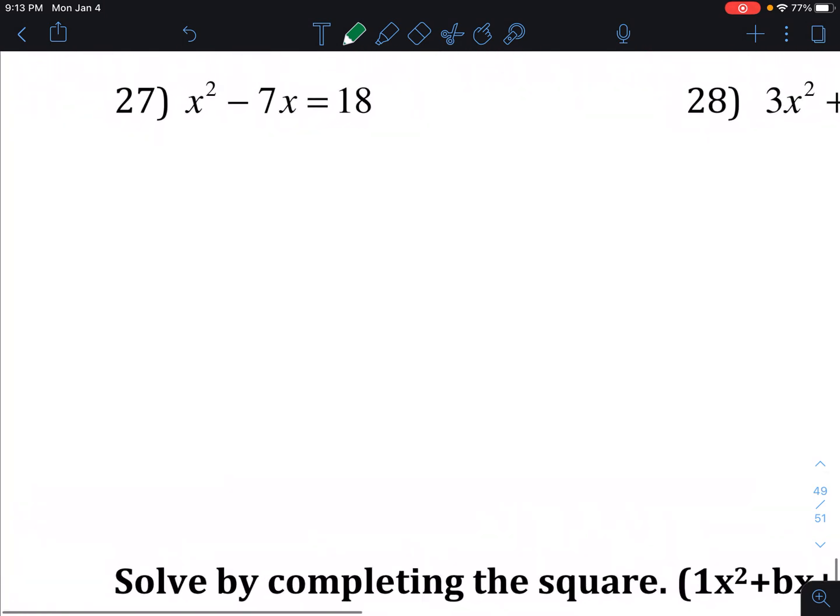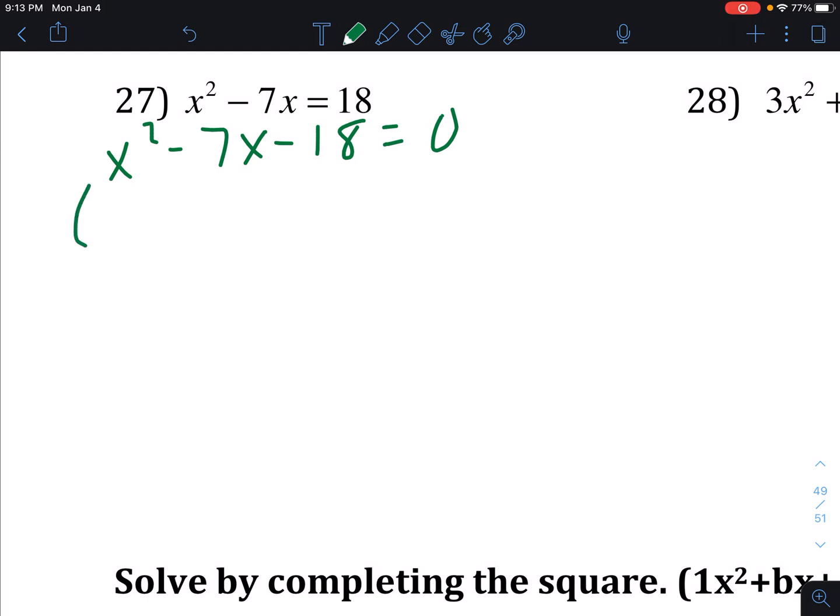27 is not set equal to 0, so we're going to subtract 18. No GCF, it's an easy trinomial. The C term is a negative 18, so plus minus. I need two numbers that multiply to get 18 and subtract to get negative 7.